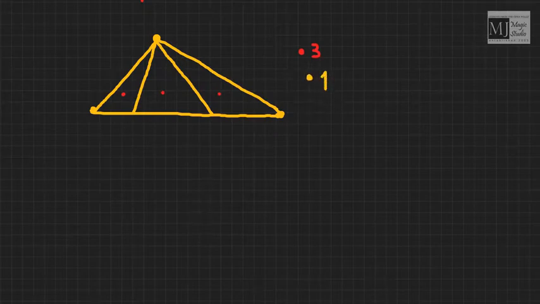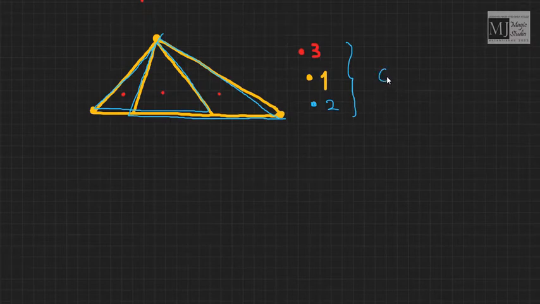Now look carefully for the blue one. Isn't this also a triangle? 1. Isn't this also a triangle? 2. That means we have got 2 more. Add up. 1 plus 2 plus 3, 6. Actually, we have 6 triangles in this particular diagram.